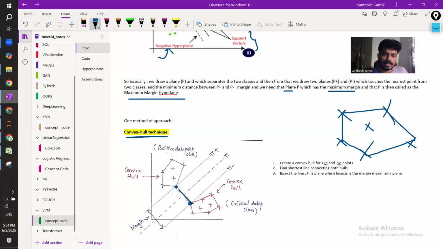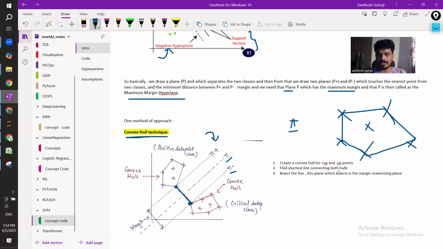With this point, you pass a plane, which is the positive plane. This is the symbol of plane, Karthik, pi, which you studied in school. And this is the negative plane. When you bisect, you are going to get the plane. So now the idea is to create a convex hull for the positive and negative points.